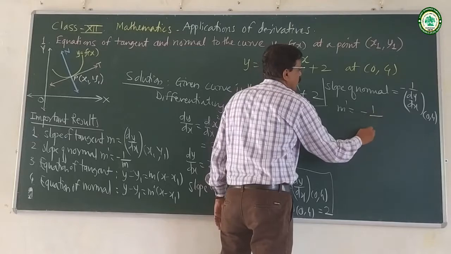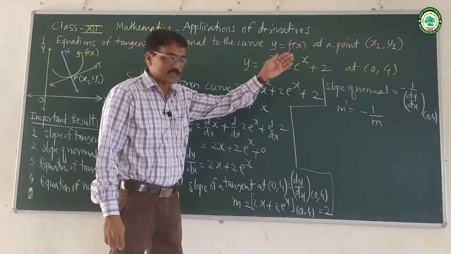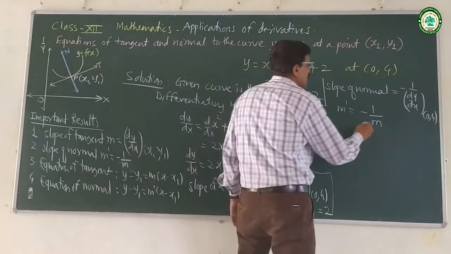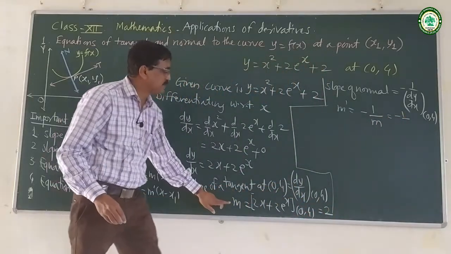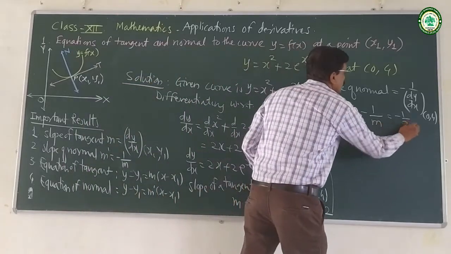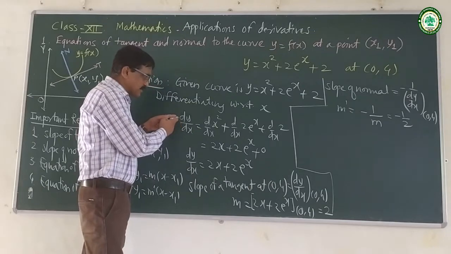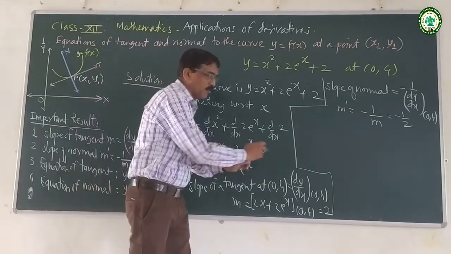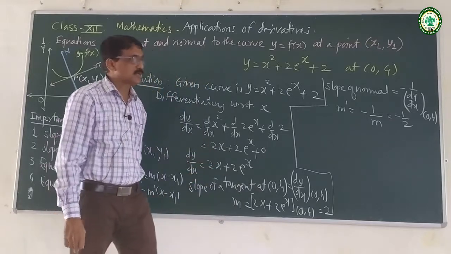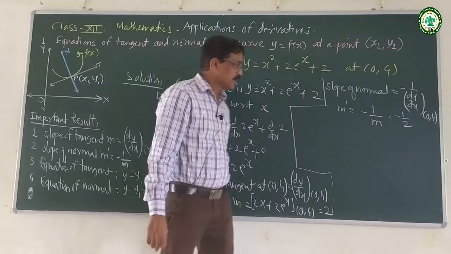It is minus 1 upon m, sorry, minus 1 upon slope of the tangent. So m dash is equal to minus 1 upon m. What is m, slope of tangent? It is 2. So minus 1 upon 2. See, first find the derivative of the curve, find its value at the given point 0, 4, we get slope of tangent. Take its negative reciprocal, we get slope of normal.